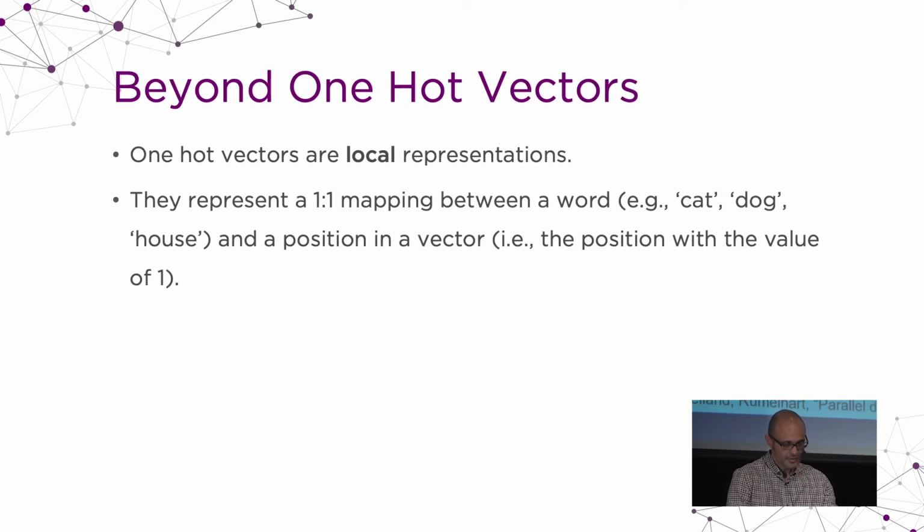So first, let me say that the one hot representation that we saw before is called a local representation, because basically it's just doing a one-to-one mapping between a word and a position in a vector. So again, we saw that the one hot was mapping into a vector where everything is zero except one element. And that position was really giving me the information about which word we are talking about.